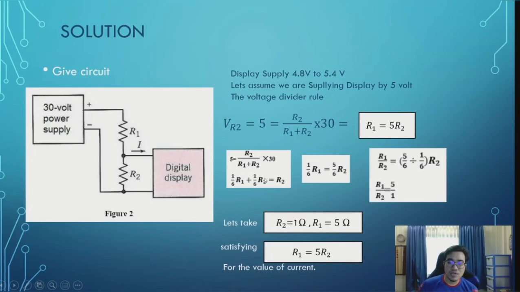So this is my calculation to find R1 and R2. 5 = R2 divided by (R1 + R2) multiplied by 13. So I move R2 to the right side to find R1 and R2, and then I got this.